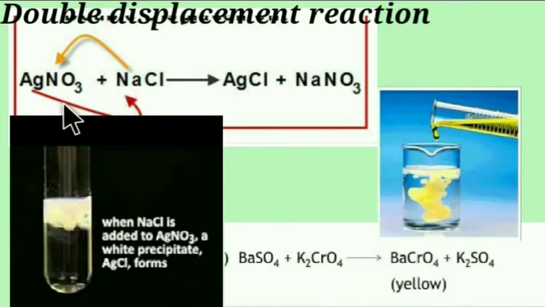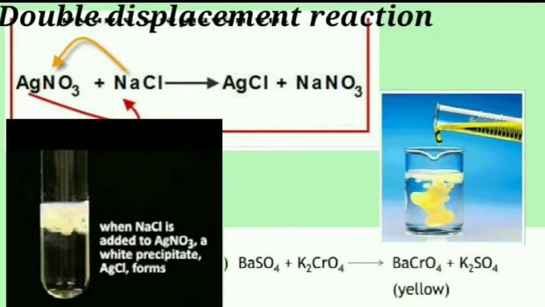Let's see the reaction. AgNO3, silver nitrate, plus NaCl, sodium chloride, gives AgCl, silver chloride, that is a white color precipitate, plus NaNO3, sodium nitrate. White precipitate of AgCl is formed by exchange of ions, that is exchange of Ag and Na.